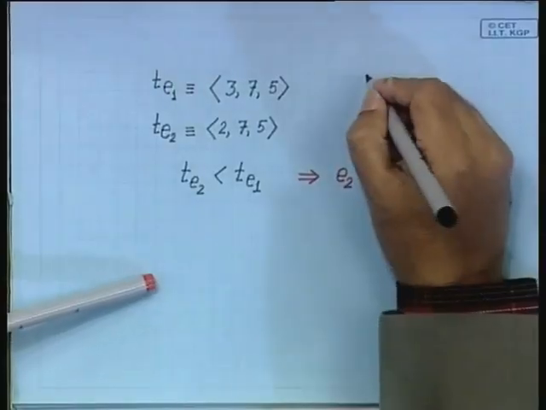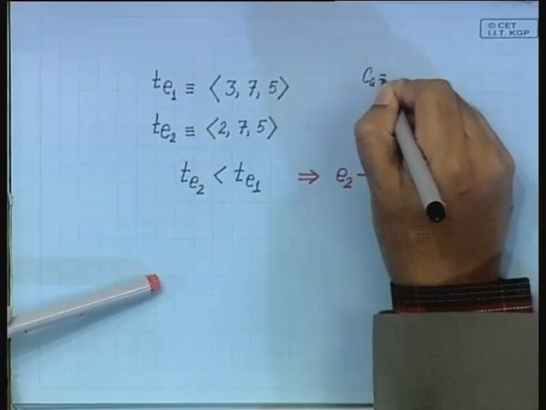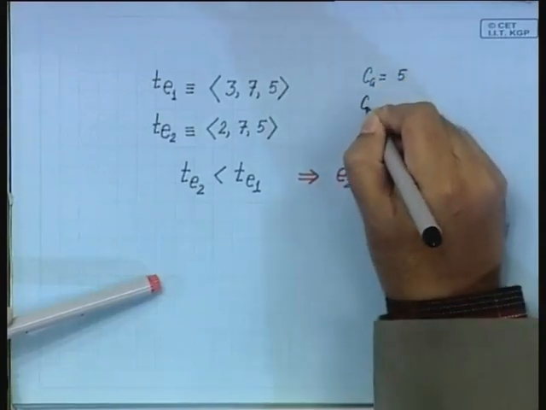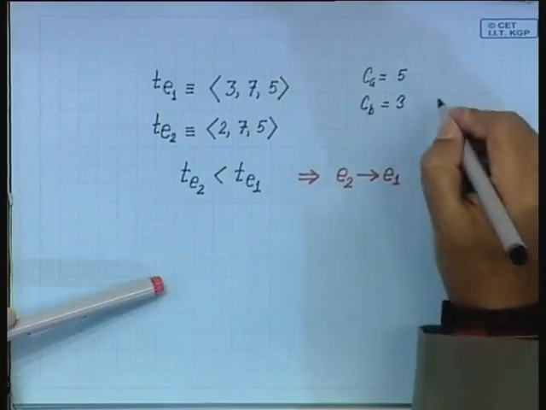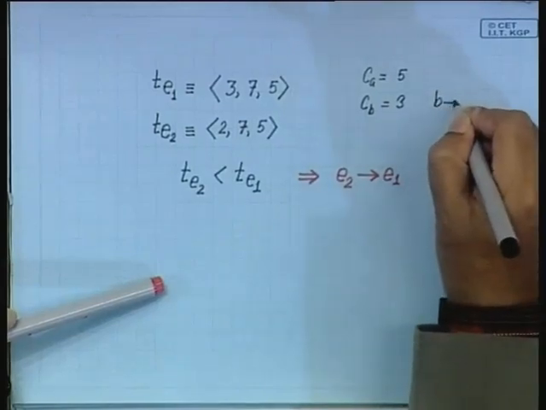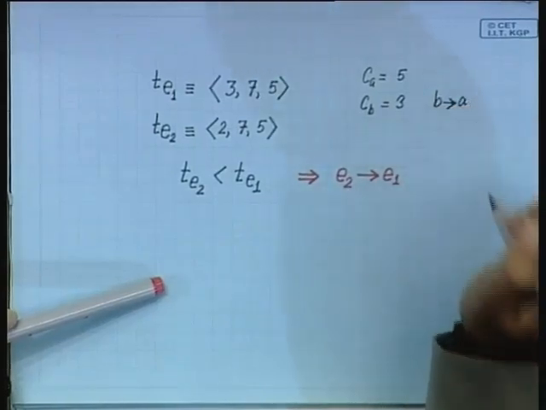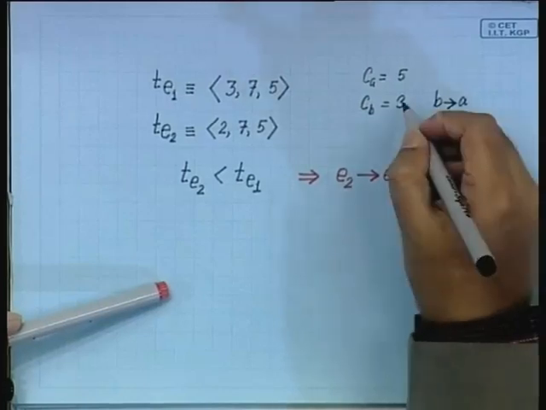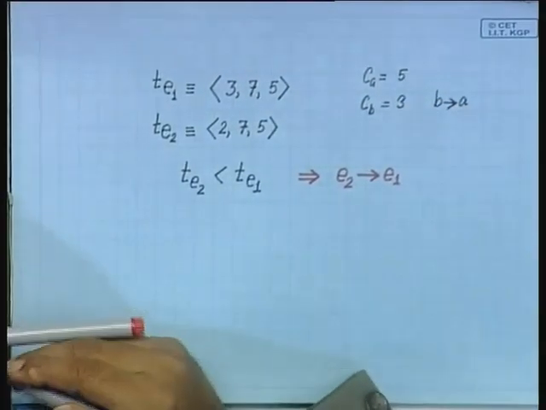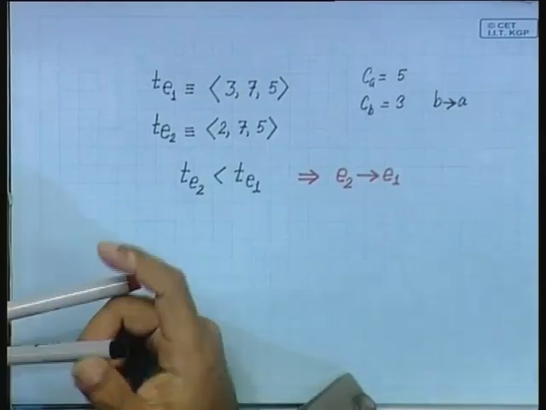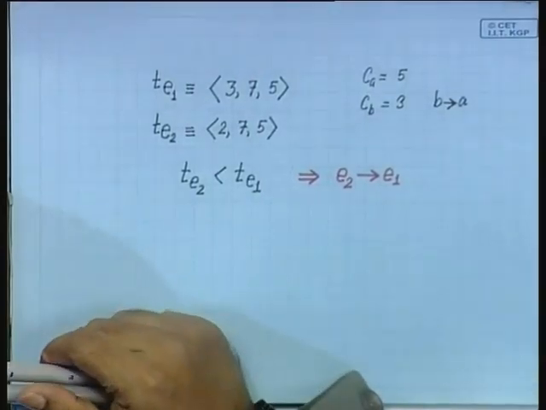In Lamport's clock also, if you had CA as 5 and CB as 3, could we say that B happened before A? No, but here this 3 was smaller than 5.